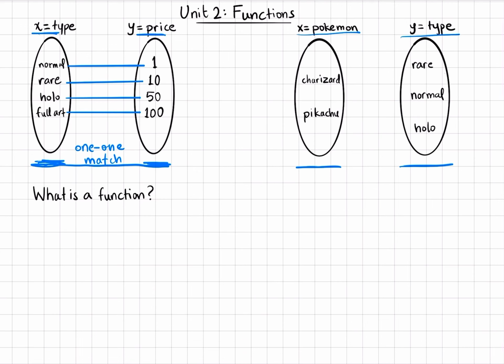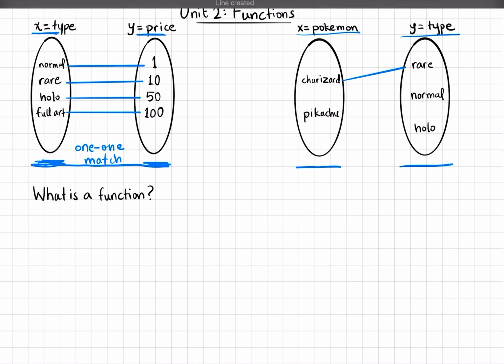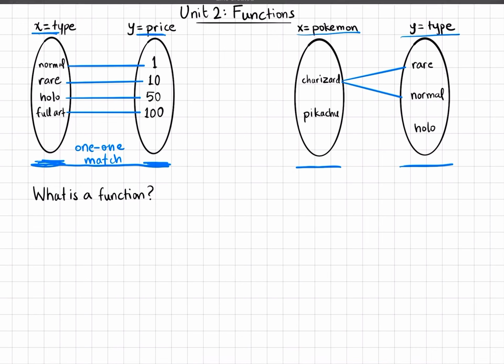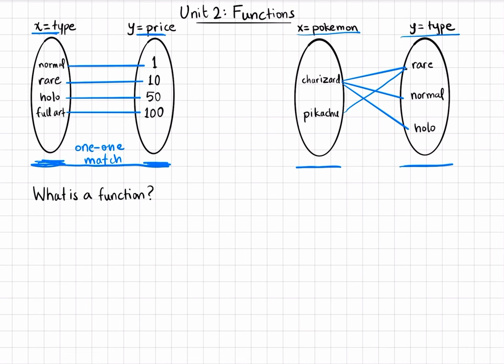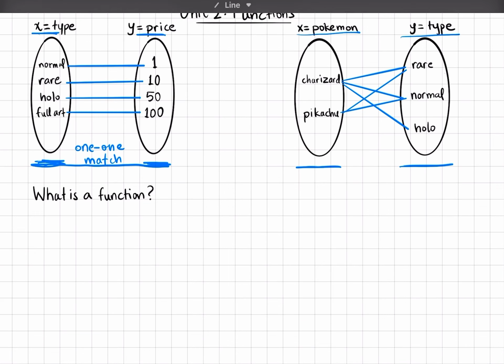Now, if you open a set pack that contains Charizard and Pikachu in it, your Charizard could be a rare card. It could be a normal card, or it could be a holo card. It depends on your luck, right? Your Pikachu could also be a rare card, could be a normal card, or it could also be a holo card.